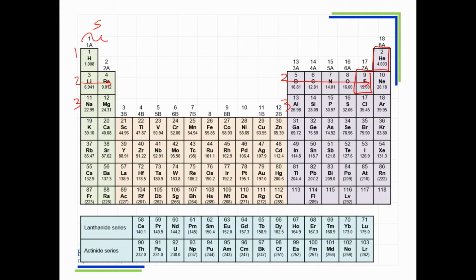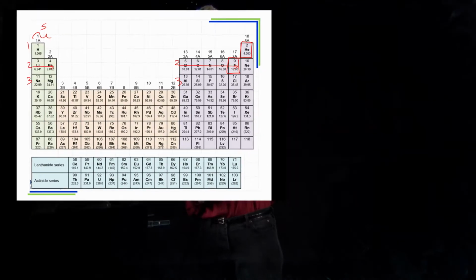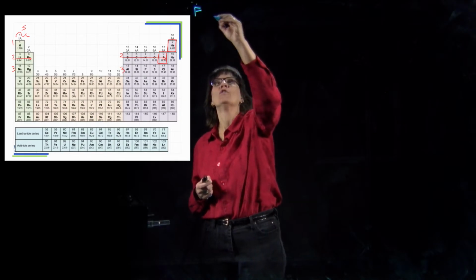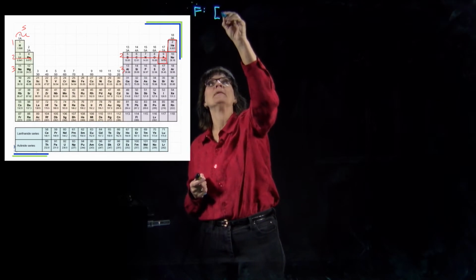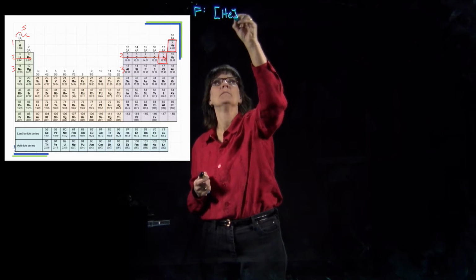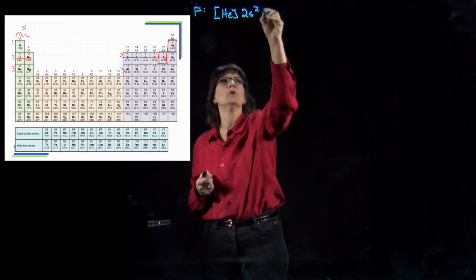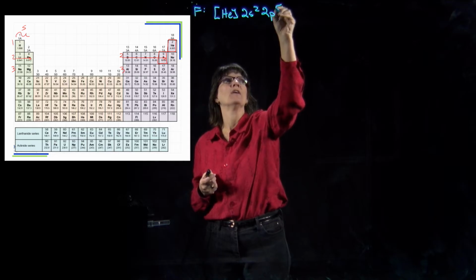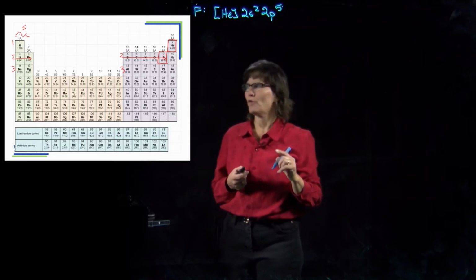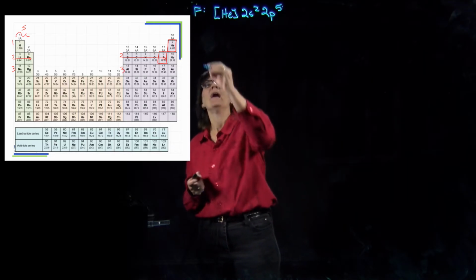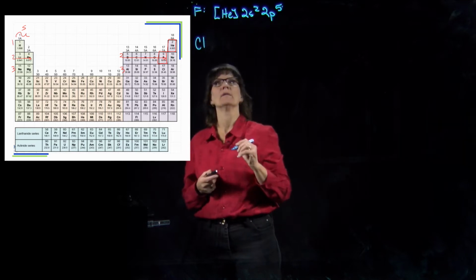Okay, so let's write that out on our screen. Fluorine is helium, 2s2, 2p5. Now we'll move ourselves to the next halogen, which is chlorine.